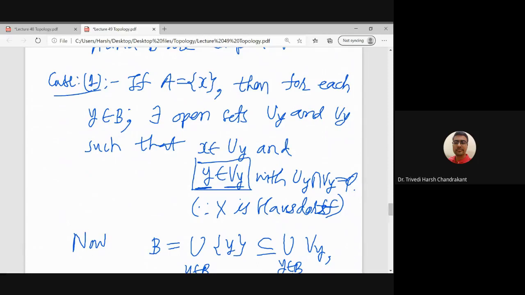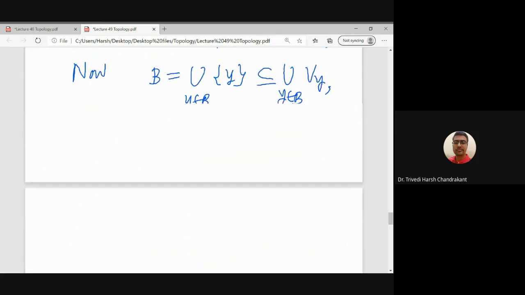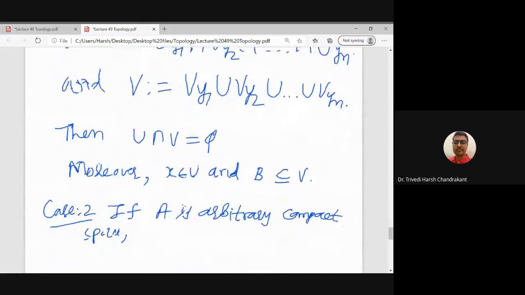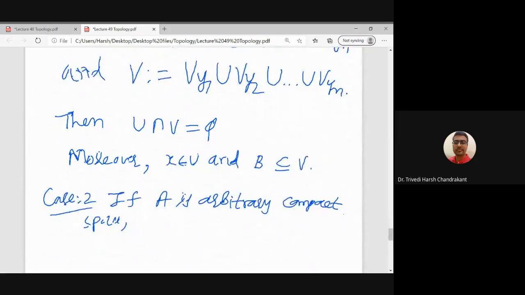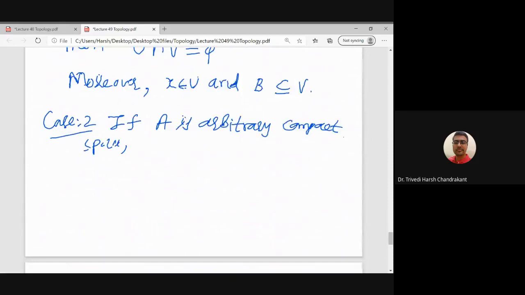In case 1, what we have proved is that whenever we have a singleton set {x} and a closed set B, we can separate them by open sets. So now we are using case 1.